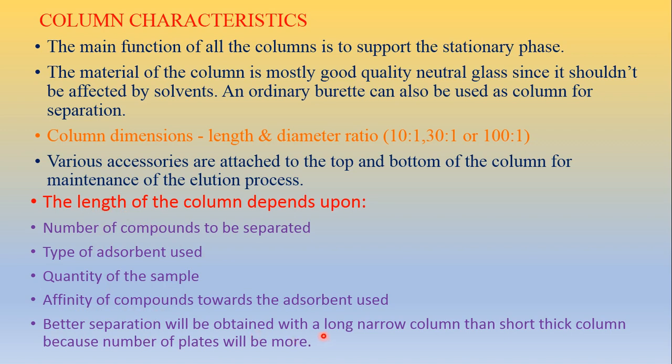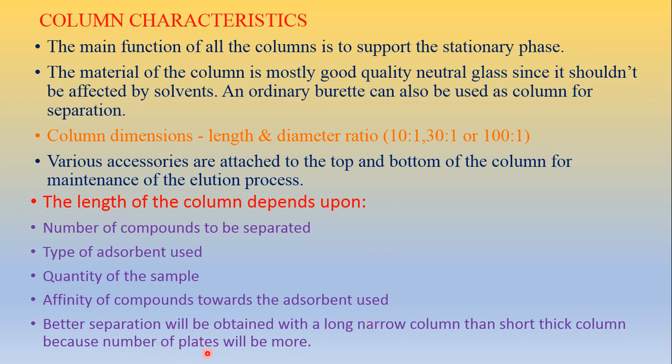Better separation will be obtained with long narrow columns than short thick columns, because the number of plates will be more. In the theoretical concept, we consider theoretical plates in the column. Long and narrow columns show a high number of theoretical plates, but shorter and thick columns show fewer theoretical plates.